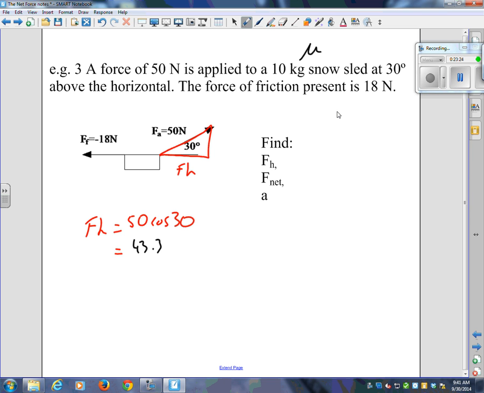So my horizontal component is 43.3. So now my net force is my horizontal plus my friction. Again, can we ignore the vertical? Yes, because we know they balance out. So 43.3 minus 18, 25.3.